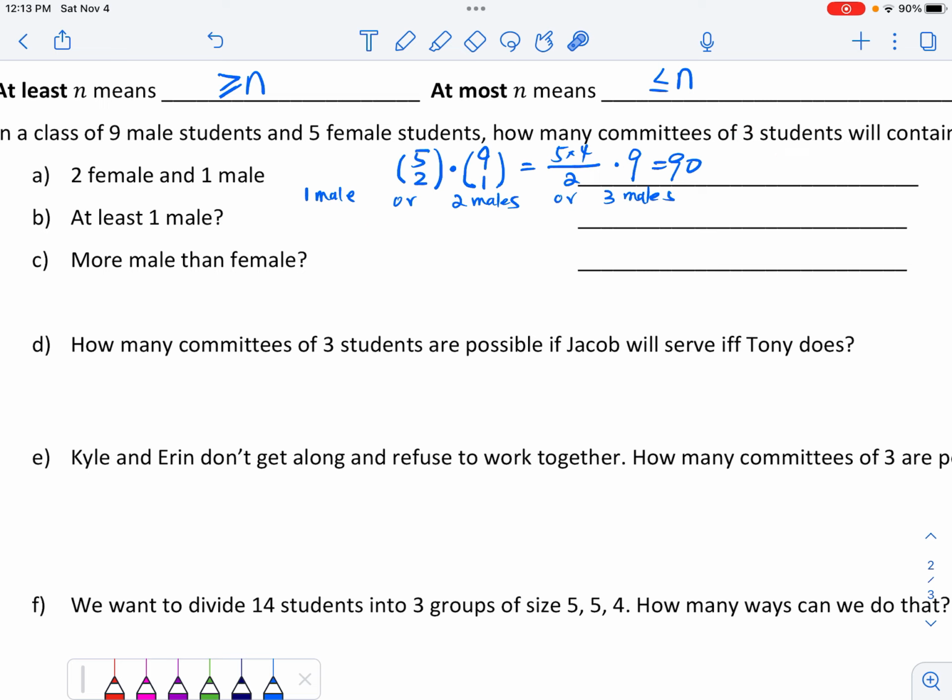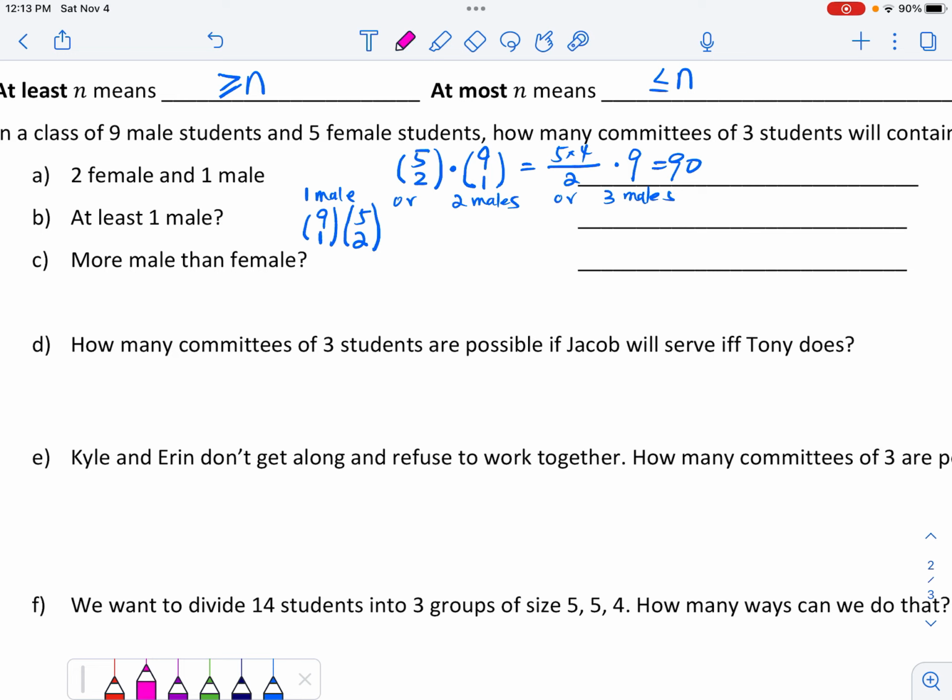So those are all the possibilities. And one male means 9 choose 1, right? So step 1, choose 1 male from the 9 students. If you just stop here, that will be wrong because you still need to choose female students to form the committee. That means step 2, you have to choose 2 female from the 5 available to form this committee.